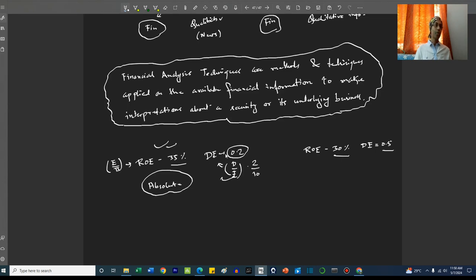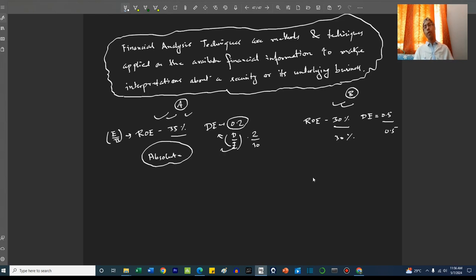Its debt to equity of 0.5 is decent, not bad. In absolute terms, an ROE of 30 under a low debt scenario like this is quite good. But if you compare both, then the first company, if you term them company A and B, company A seems to be more attractive, right?